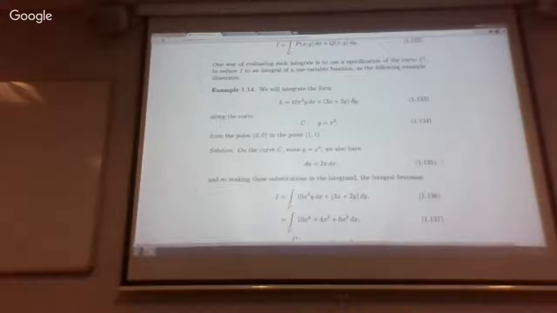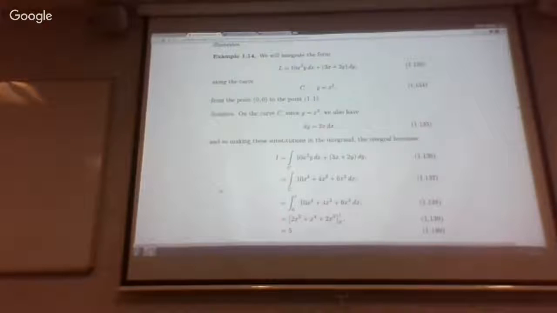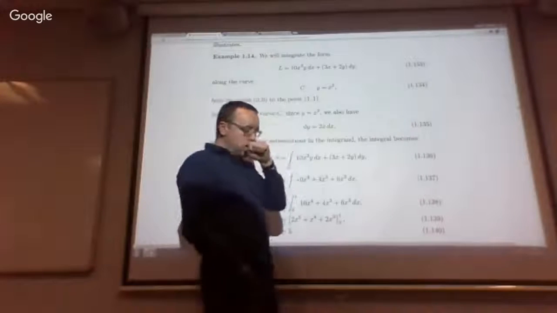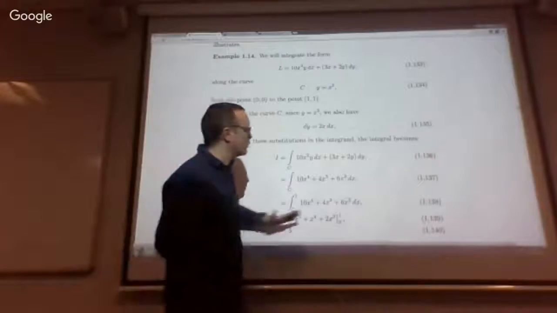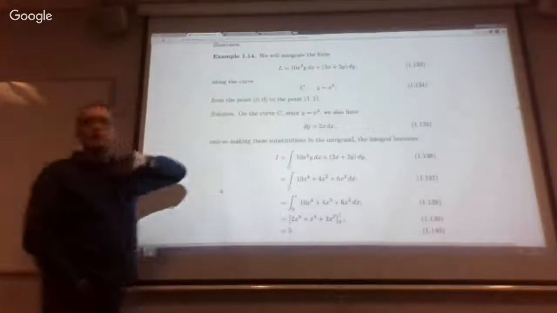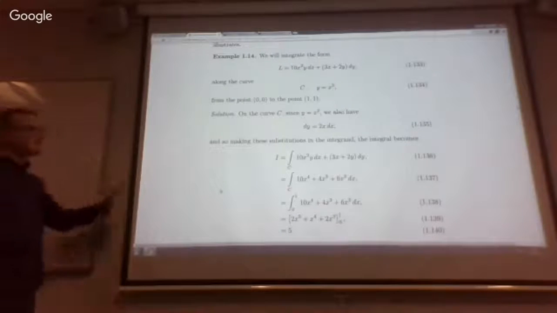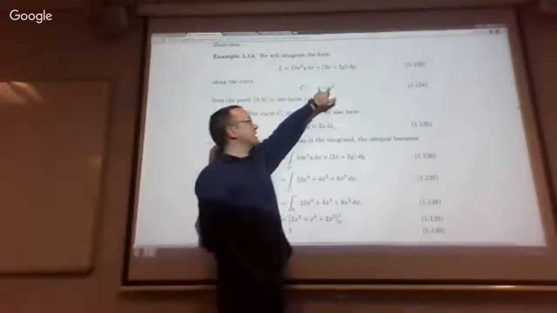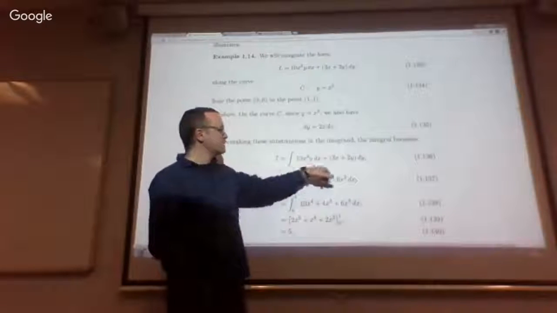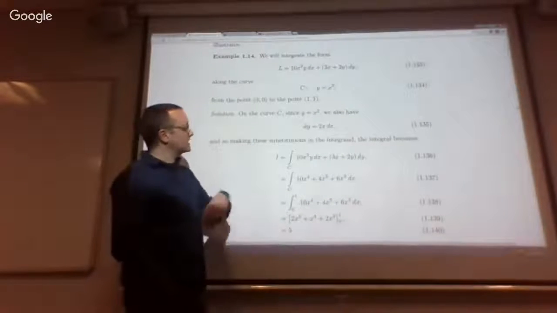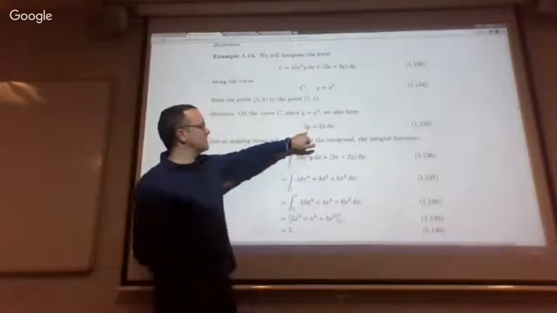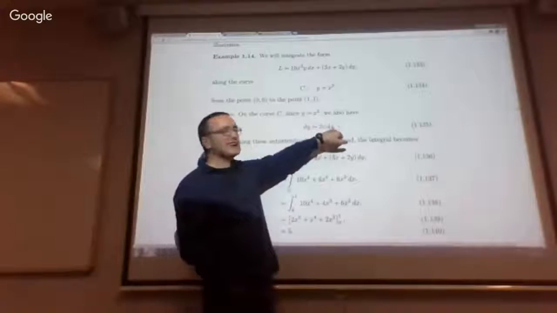Okay? Now, without working through the details again, this first example we looked at was along the curve y equals x squared. So this curve going from the origin up to the point 1, 1, specified by the formula y equals x squared. Well, that's enough. By just direct substitution, we can replace every y we see with the quantity x squared. And by applying the chain rule, we can replace the differential dy by 2 times x dx.